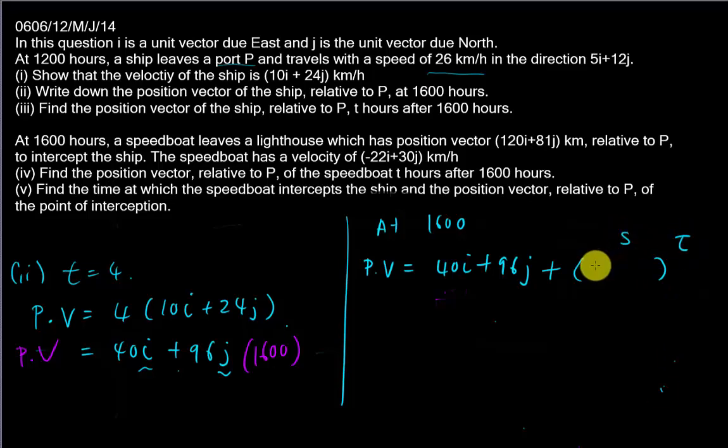So my velocity is 10i plus 24j, and time is t. So this is how I do it. If I say in 18 hours, I just substitute t equals 2. So I will get 20i plus 48j. Then I and I will add together, j and j I will add together.